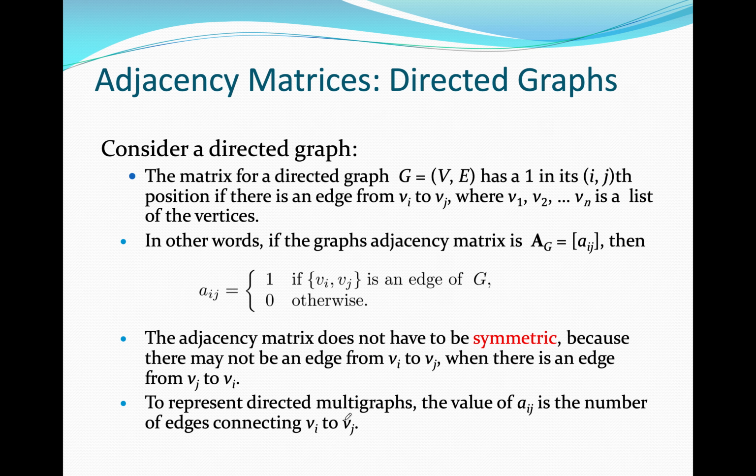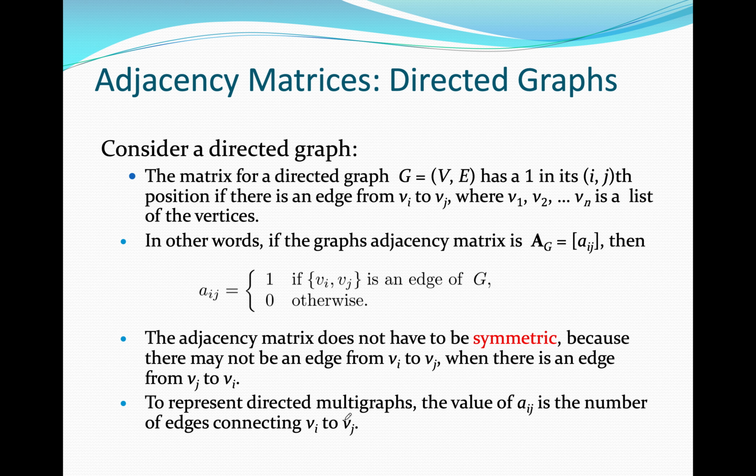Right. Adjacency matrix in terms of directed graph. Consider a directed graph. The matrix for a directed graph G equal to (V, E) has a 1 in its ij position if there is an edge from Vi to Vj, where V1, V2, ..., Vn is a list of the vertices. In other words, if the graph adjacency matrix is Ag equal to Aij, then Aij is equal to 1 if (Vi, Vj) is an edge of G, 0 otherwise.